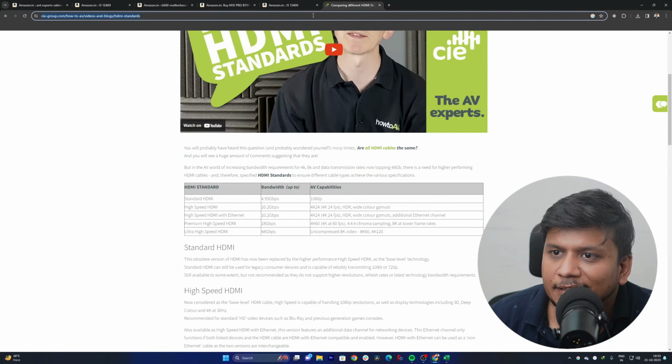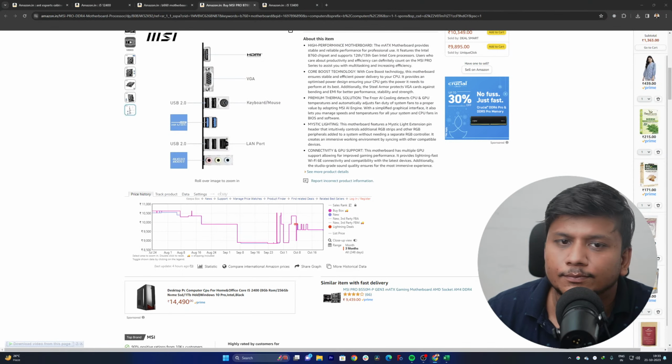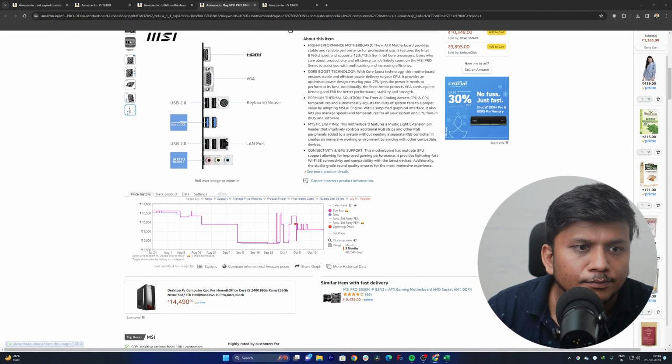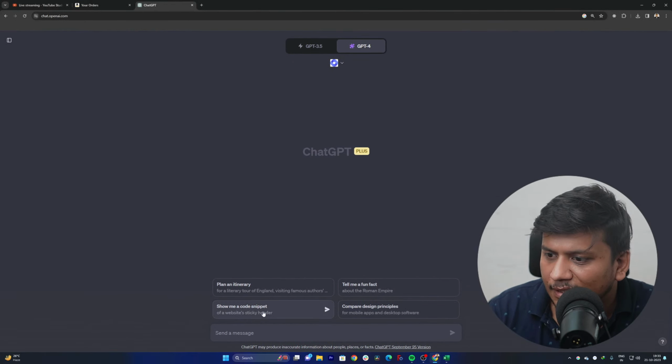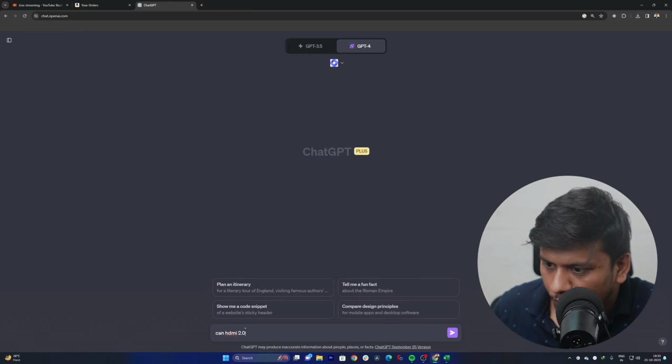Okay, let me ask ChatGPT instead. Since I have the premium one, maybe this one may give me an accurate result. Can HDMI 2.0 support 165 hertz at 1080p?